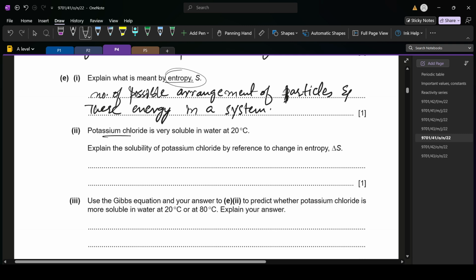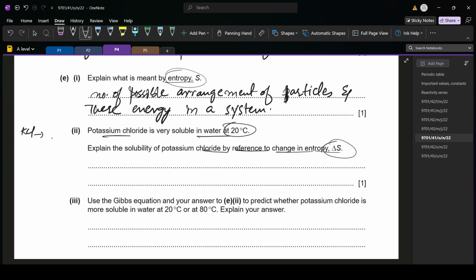Now potassium chloride is very soluble in water at 20 degrees Celsius. Explain the solubility of potassium chloride by reference to entropy. When potassium chloride dissolves in water, it forms potassium ions plus chloride ions. So solid is converted into liquid, so the entropy increases.